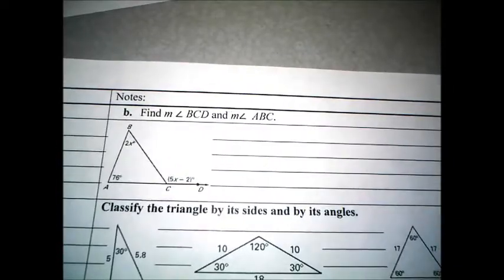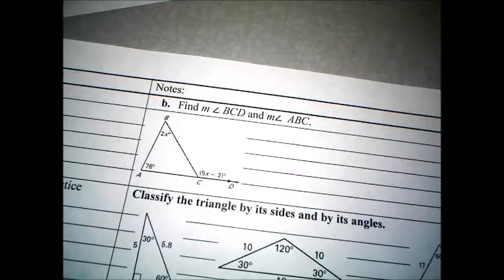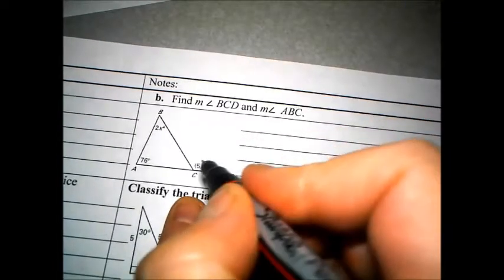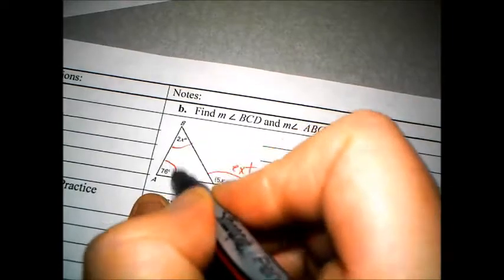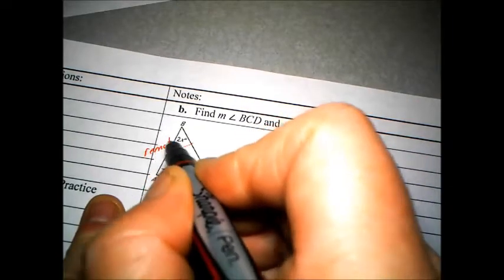All right, on part B, here is an example of an exterior angle. The exterior angle is here, and this angle and this angle are remote interiors.